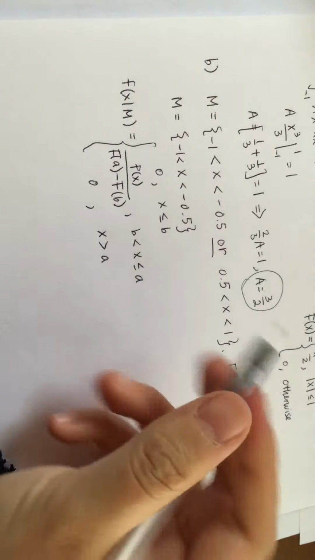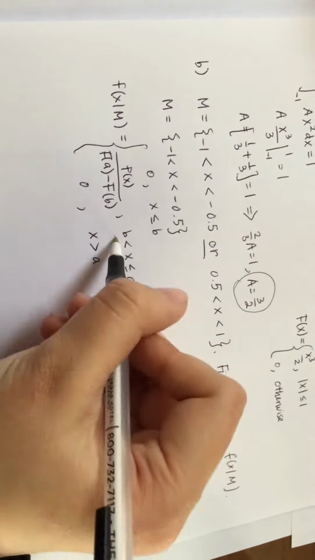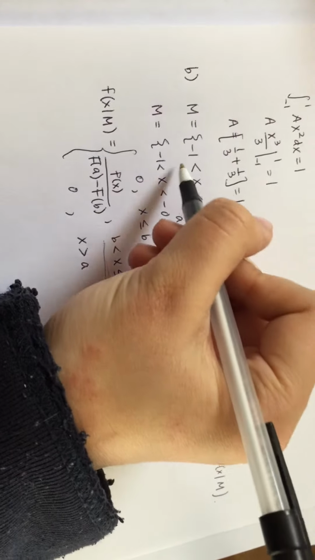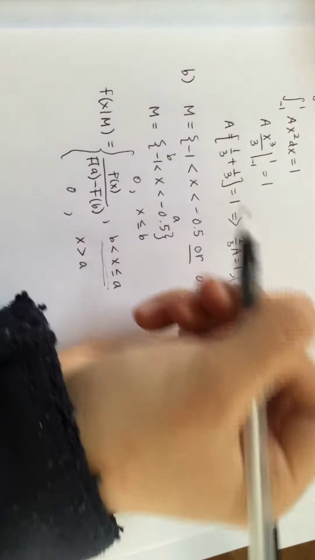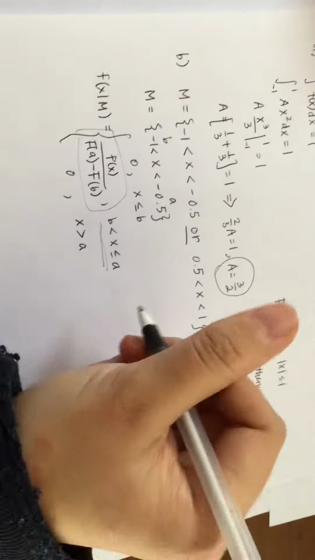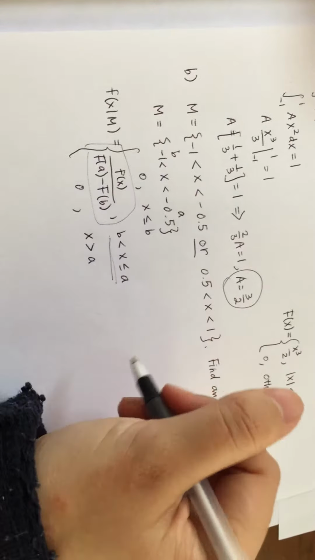We look at this limit and see that -0.5 is a, and -1 is b.